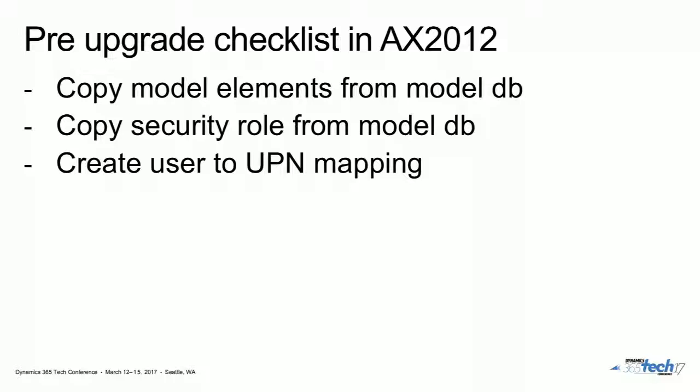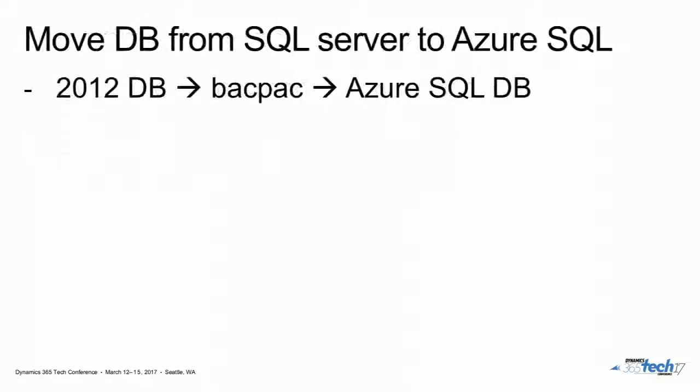And I'll talk a little bit more on the process of moving. Oh, actually, it is my next slide. The process of how we move your database from on-prem to Azure, right? Essentially, because if you're going to the cloud option, you will be running from Azure SQL.